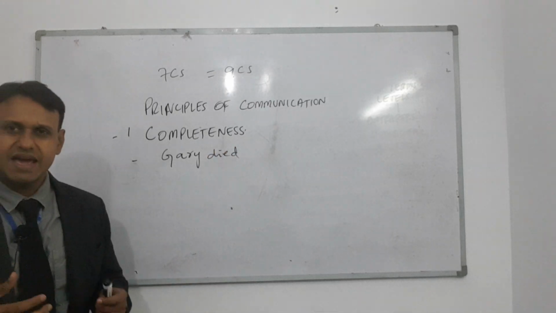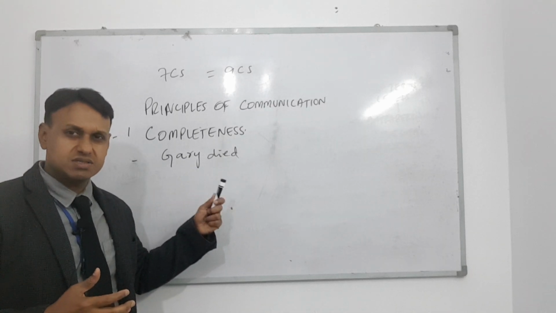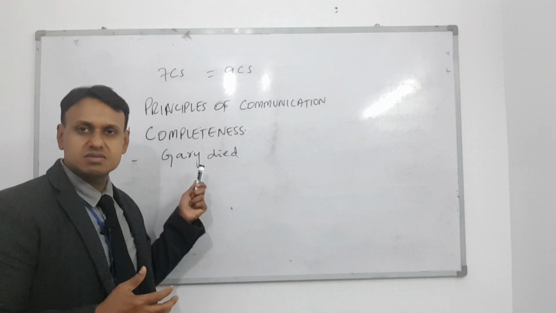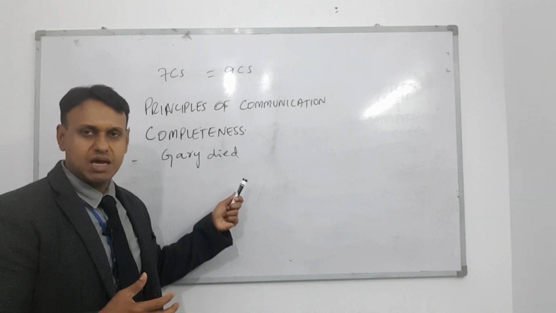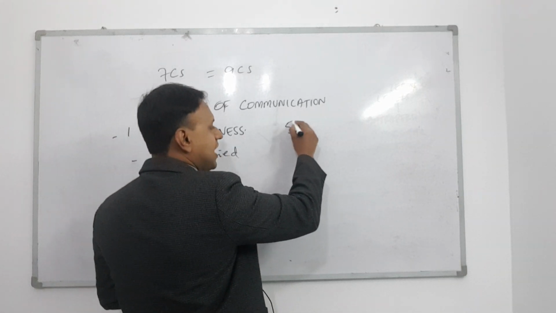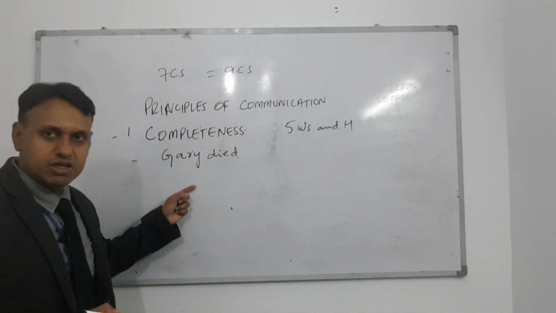Now, does it make sense? Is it a complete sentence to you, or is there anything missing in there? Most of the people might think that this is complete information. However, if we go by the principle of completeness, which demands 5 W's and H, it's not complete.